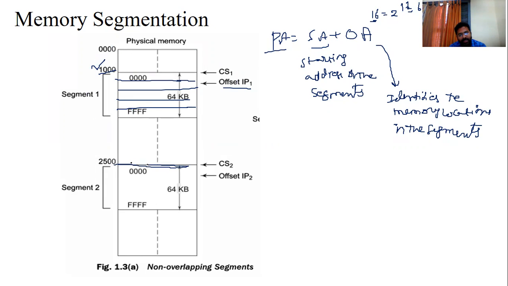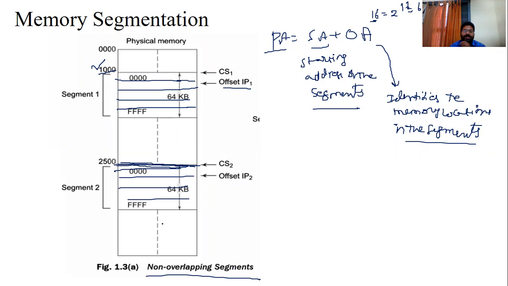Remember, a starting address, like that of any code segment. Then the memory locations in that segment are identified within that segment. So this is what you can call a non-overlapped segment.